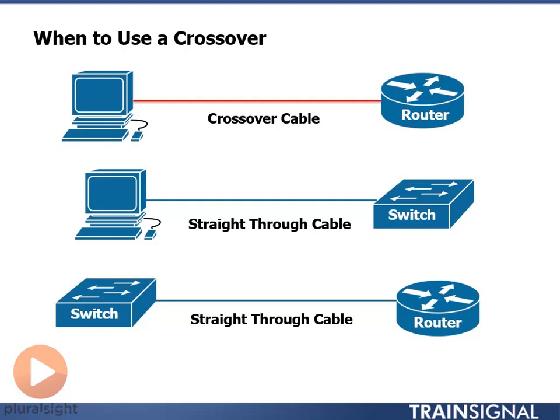The reality is most of the cables that we purchase out there are straight through cables. Should we need to make a crossover cable? A really nifty thing has occurred: we've actually built into the network interface cards the ability to auto-detect whether or not the cable needs to be straight through or crossover. The technology is called Auto-MDIX, and Auto-MDIX is what automatically turns our cable from a crossover to a straight through or straight through to a crossover.